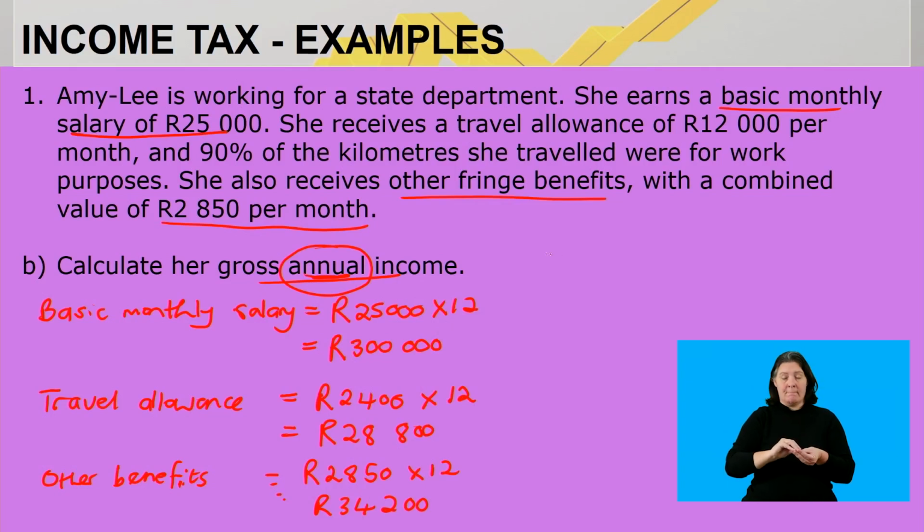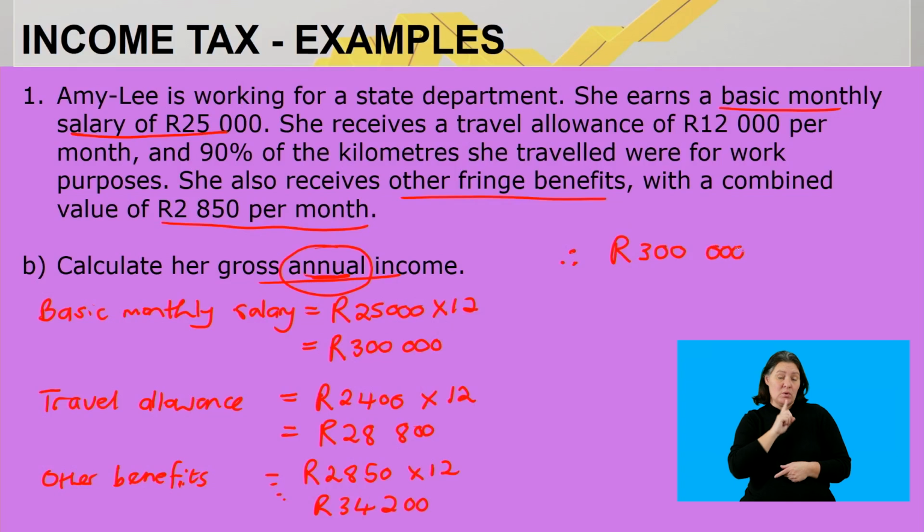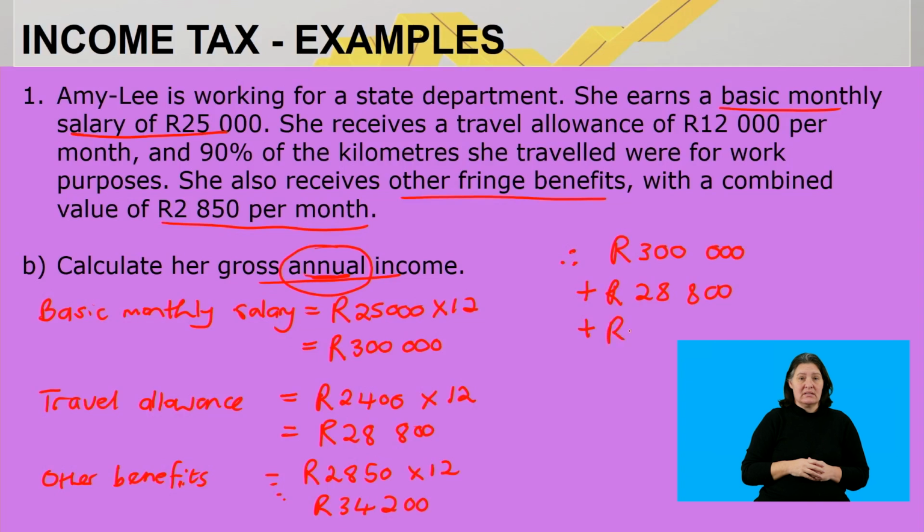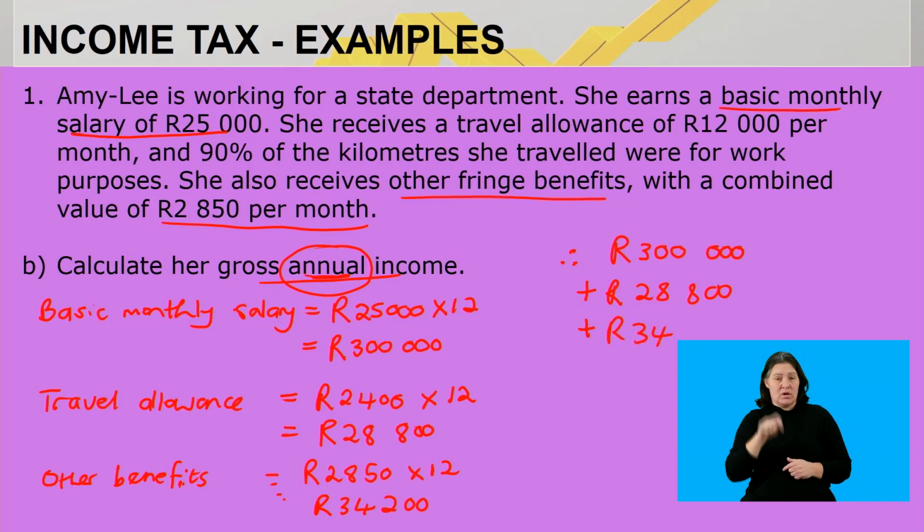So therefore, a gross annual income will consist of the basic income of 300,000 Rand plus the travel allowance of 28,800 Rand plus other benefits worth 34,200 Rand. Right, so when we add that together, what will we get?